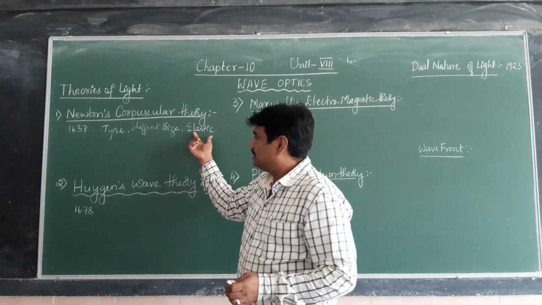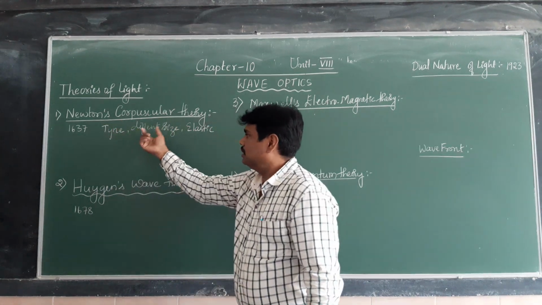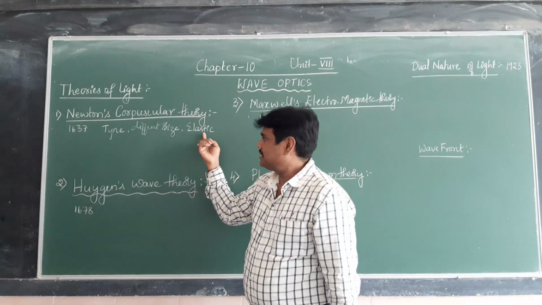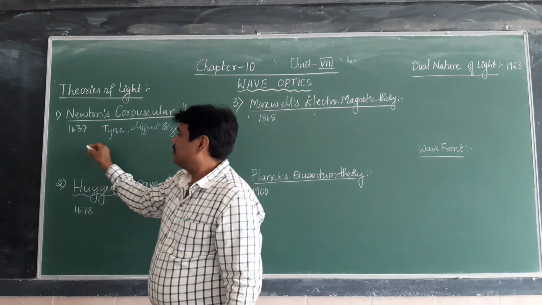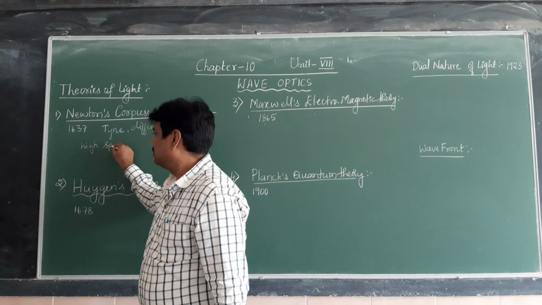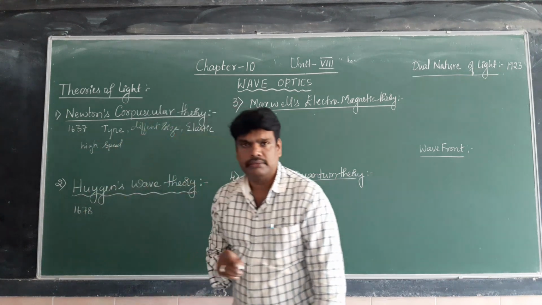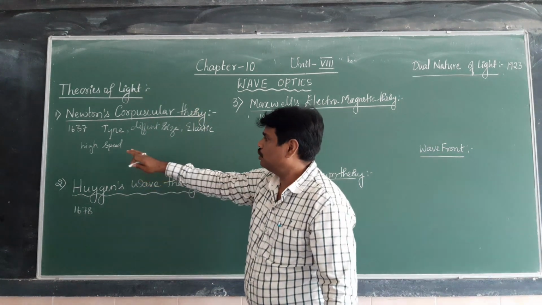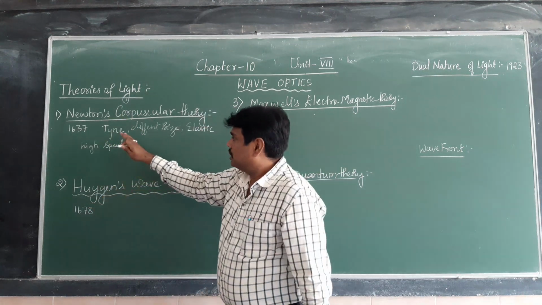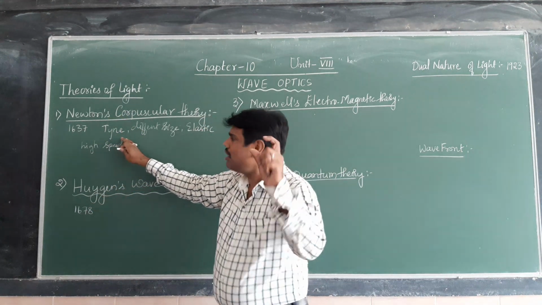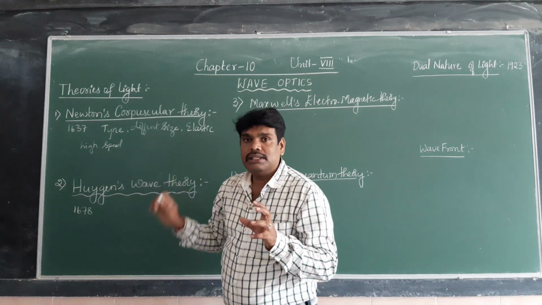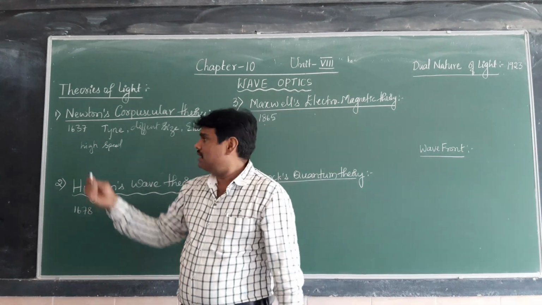So these particles that Newton assumed are tiny, of different sizes, highly elastic, and they travel at very high speed. They are very fast. With these conditions, Newton assumed that light is a very small particle having different sizes, highly elastic in nature, and very fast.